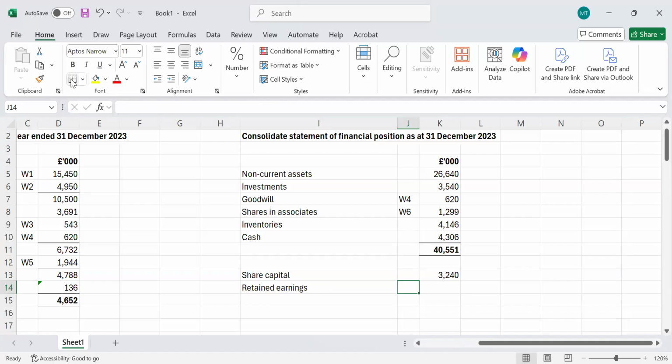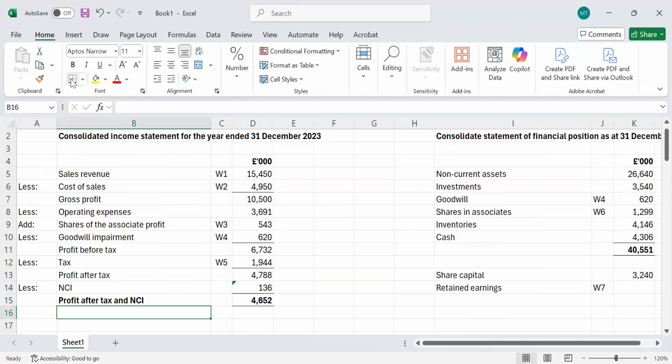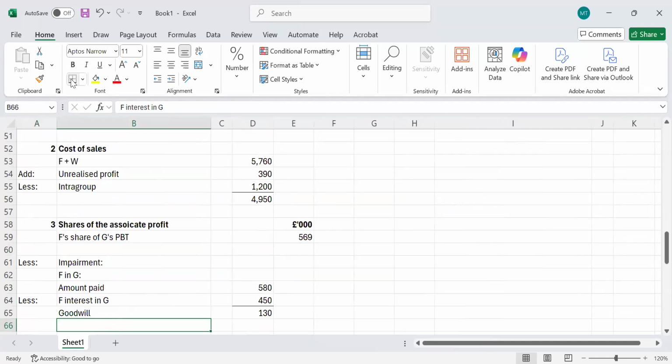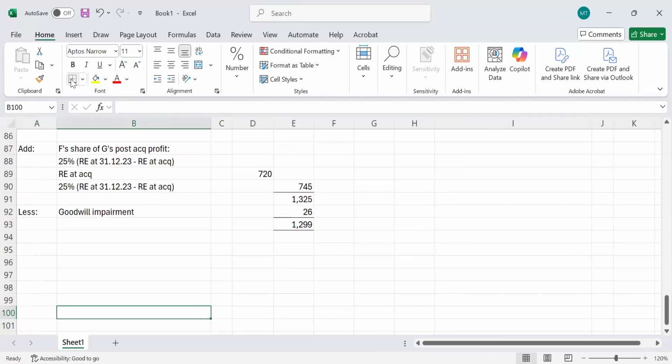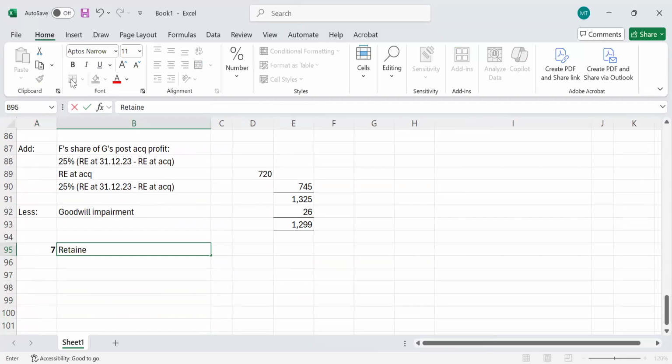Now, this will be based on our working number 6 and 7. Now, working 7. Right, so I'm going to show you how we arrive at this retained earning figure. So working 7 is for retained earnings.